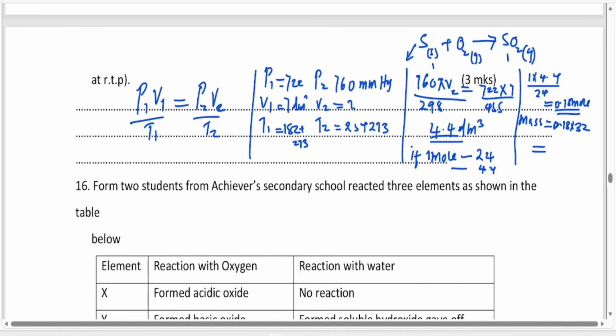When I work this out, the mass becomes 5.76 grams. That is the correct answer to this particular question.